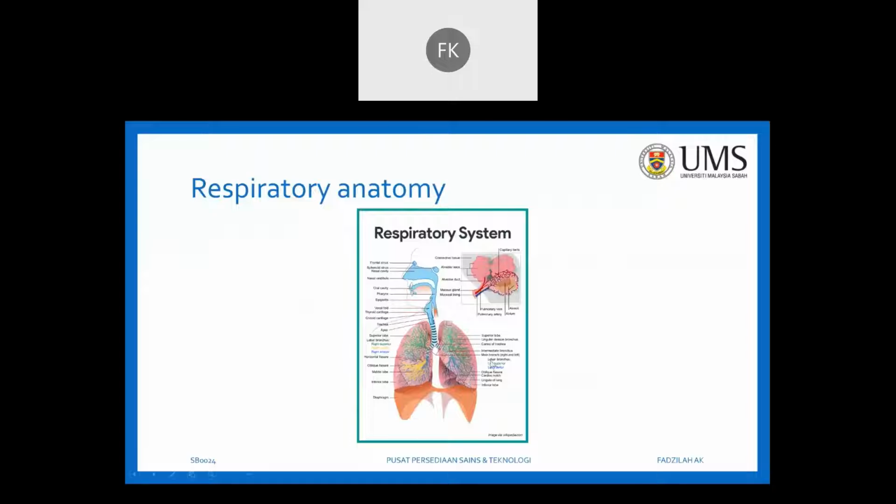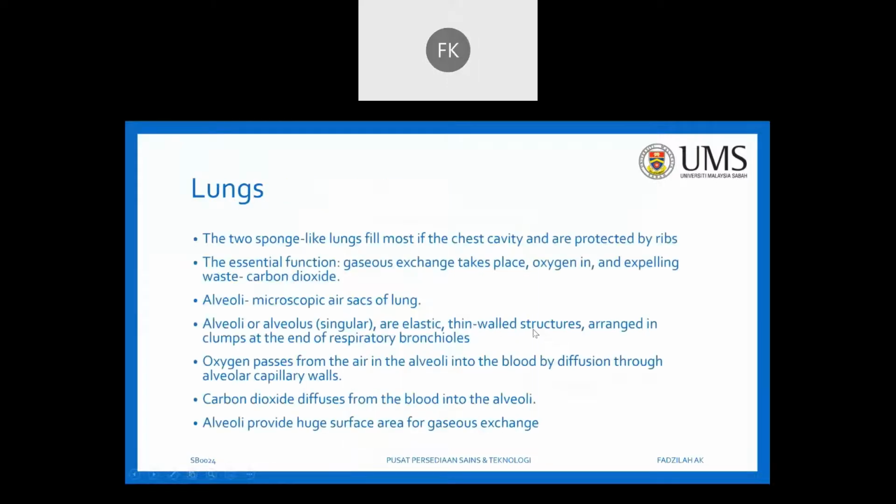This is the anatomy of our respiratory system, and we can start here. The air flows from the nasal cavity through the nostril into the trachea, then into the bronchi and bronchioles, and at the end the gas exchange happens in the alveoli, a tiny air sac inside your lungs.